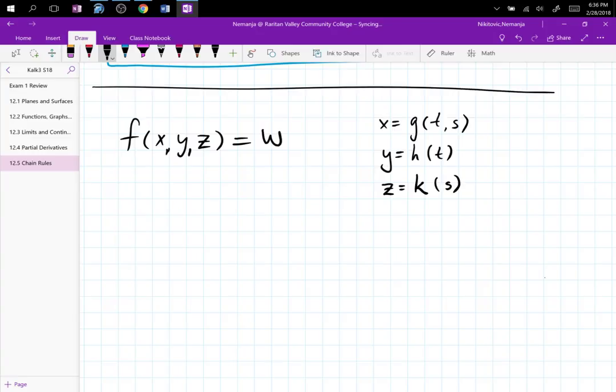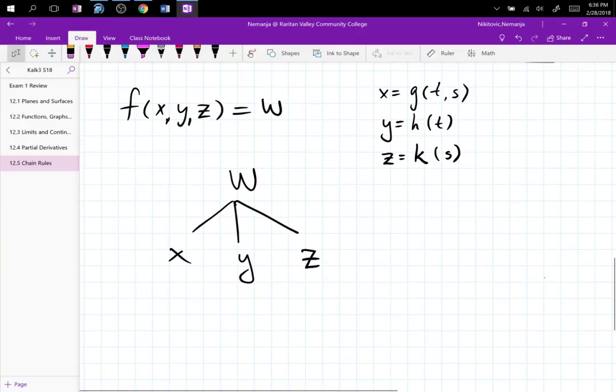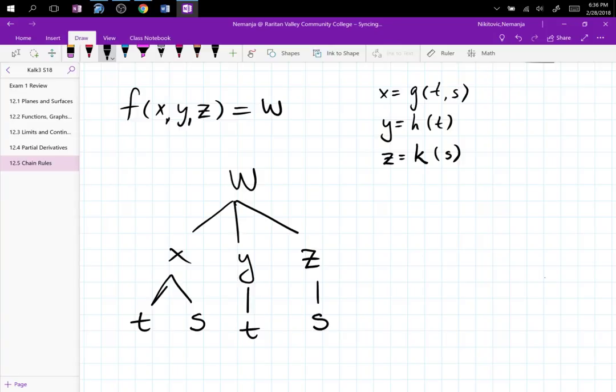Can you draw the tree for this? Well, just follow the branching, right? You start with w, and that branches into 3 variables, x, y, and z. Now, x branches into t and s, y is only t, and z is only s. So, please stare at this and make sure that you can 100% do this.